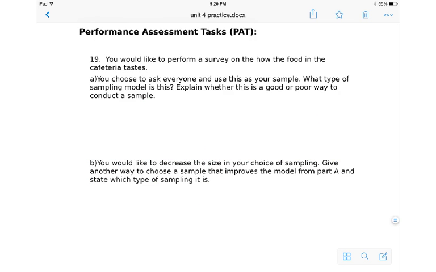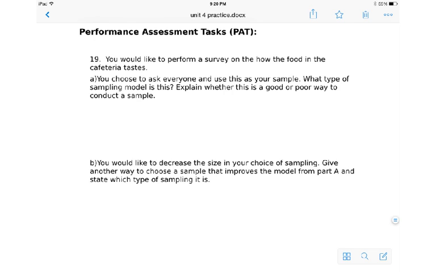Some of the problems we do not necessarily have one right answer. What I'm going to be grading you on is how you explain your answer. So in number 19, it says you'd like to perform a survey on how the food in the cafeteria tastes. You choose to ask everyone and use this as your sample.